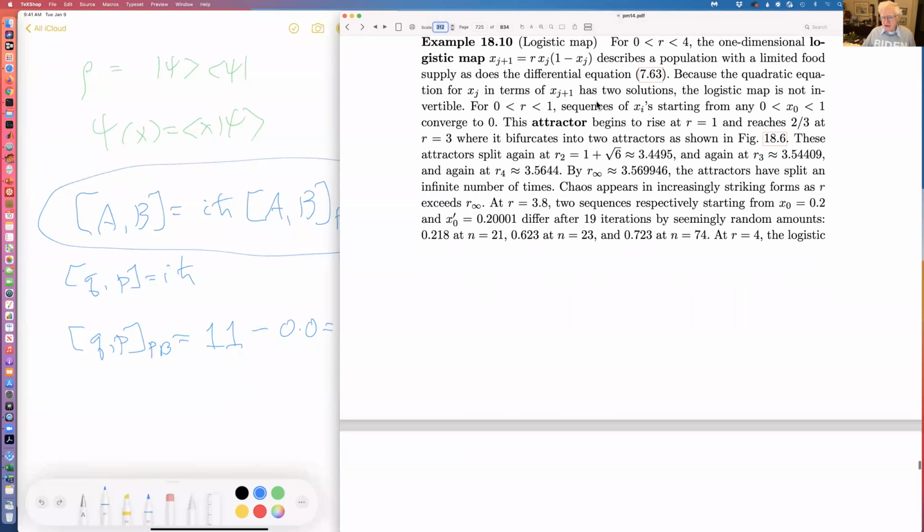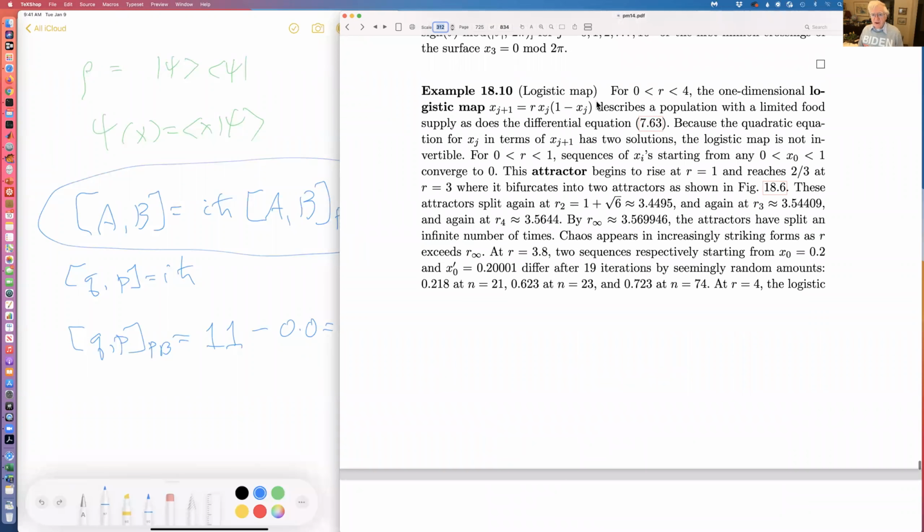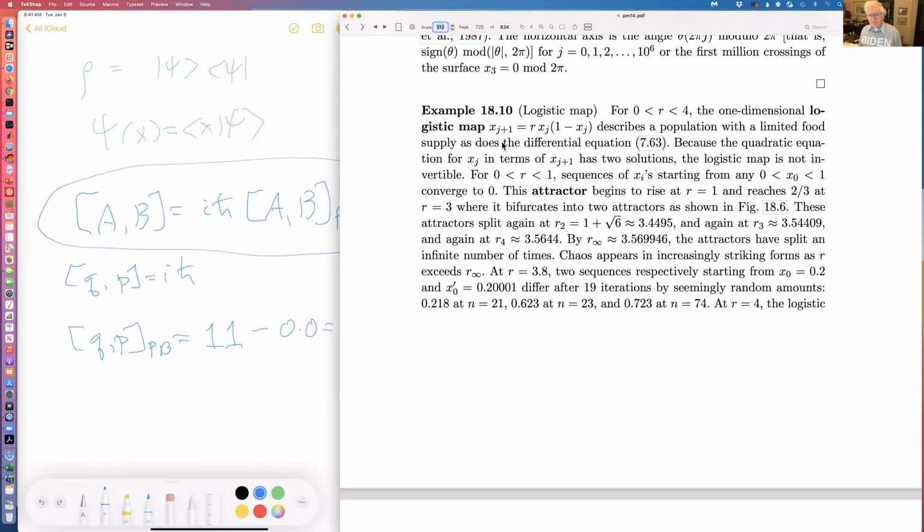The logistic map is one of the really important cases. With the logistic map, you choose R somewhere, let us say between 0 and 4. Then to get to the point xj plus 1, if you're at xj, you multiply xj times 1 minus xj and then multiply all that by R. That is a model for a population with a limited food supply.